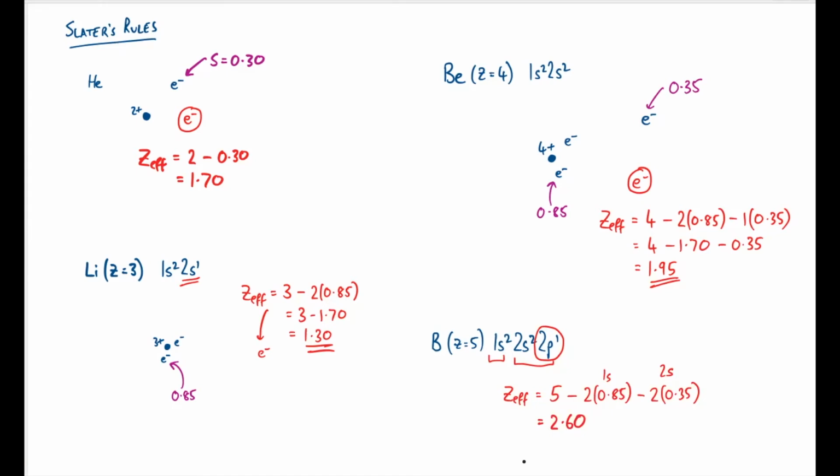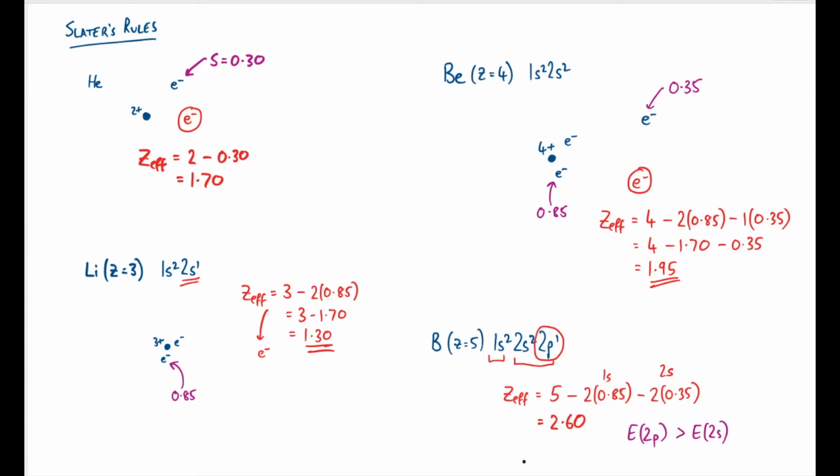Now we have to be a bit careful how we interpret this, because the energy of a 2p orbital is always higher than a 2s one. This is a quantum mechanical thing. So we've got two factors involved here. The Z effective has increased a little bit for boron, but also we're removing an electron from a higher energy orbital. So we might expect to see some anomalies in a plot of ionization energies with atomic number to account for this difference.